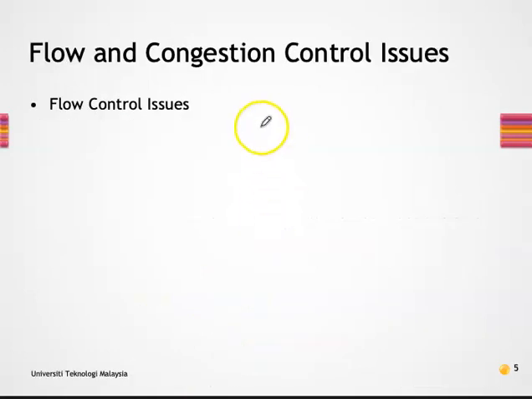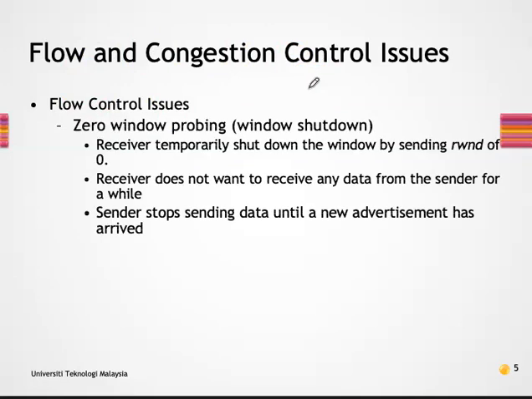There are several issues with flow and congestion control, so we will look at the issues one by one. For the flow control issues, first we have the zero window probing issue, or in other names, window shutdown. So what happens during zero window probing?